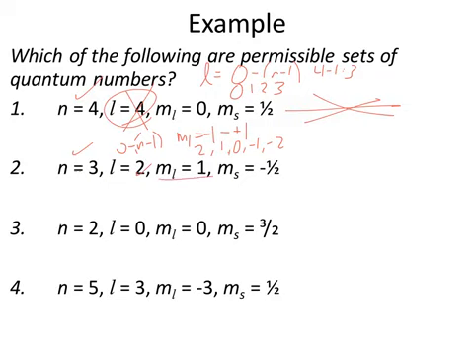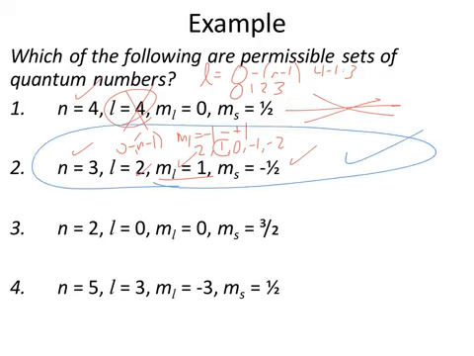Now we look at this ml value and it's plus 1, so that works. It's right over here. And then we can also have a fraction, minus a half. So this set works perfectly. That's permitted.